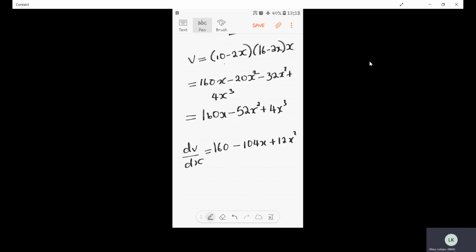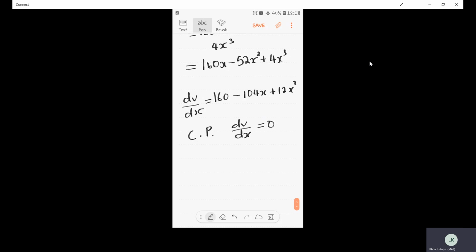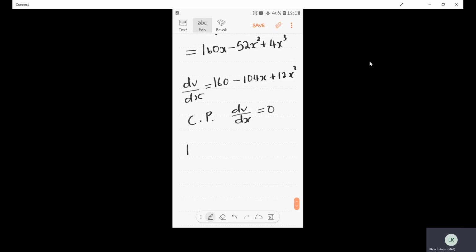Okay, and to find the critical points, we set this equal to 0. So the critical point, dV/dx, this is equal to 0. Then what we have is 160 minus 104x plus 12x squared. This is equal to 0.